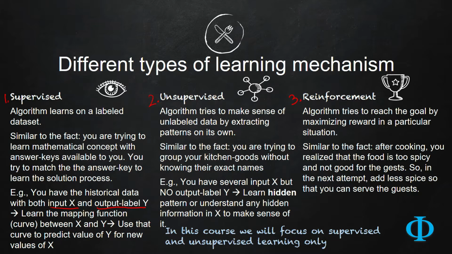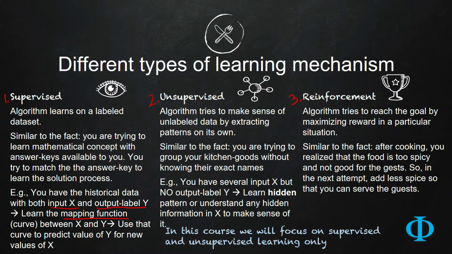When both input and output are available in the data set, you have to learn the mapping function or the curve or simply the equation between X and Y.